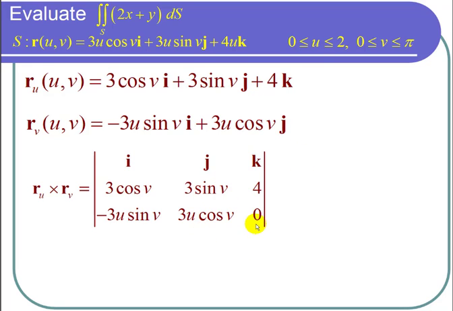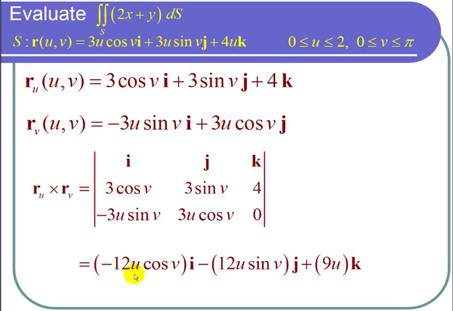So I need to take this determinant. For the i component, I get 0 minus 12u cosine v. So I have negative 12u cosine v i. And then minus, for the j component, I get 0 minus a negative 12u sine v. So I get minus 12u sine v j.